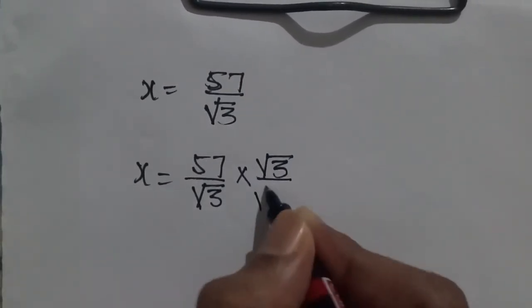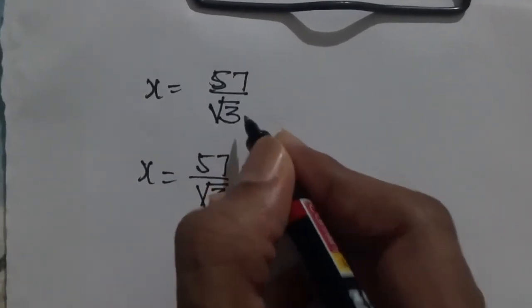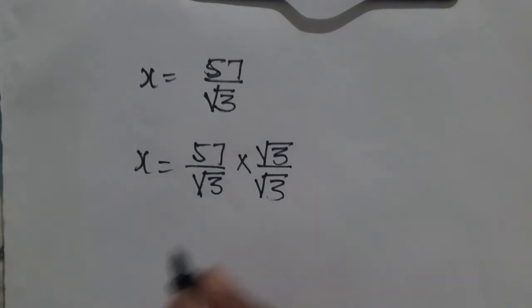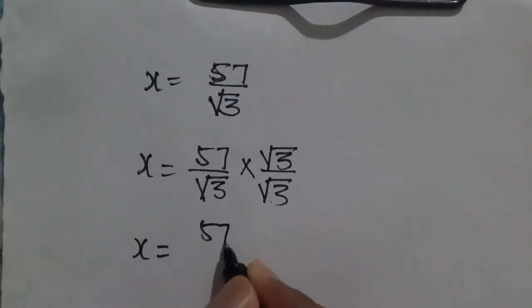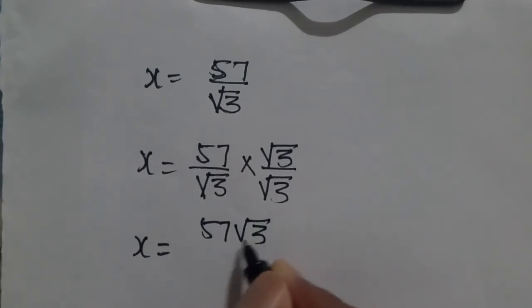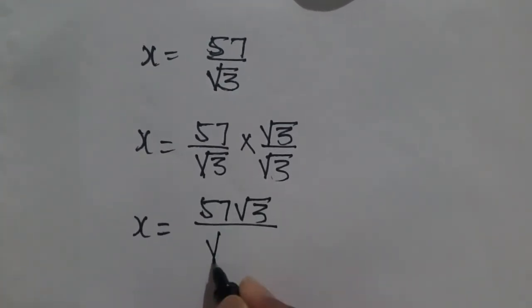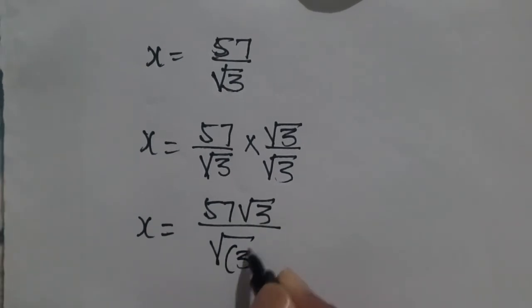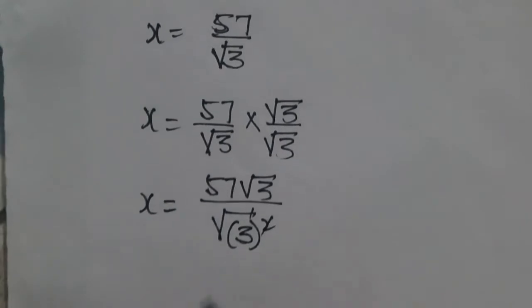Now x is equal to 57 by root 3, multiplying and dividing by root 3, rationalizing with root 3. X is equal to 57 root 3 by root 3 into root 3, root 3 whole square. Here square root and square get cancelled.